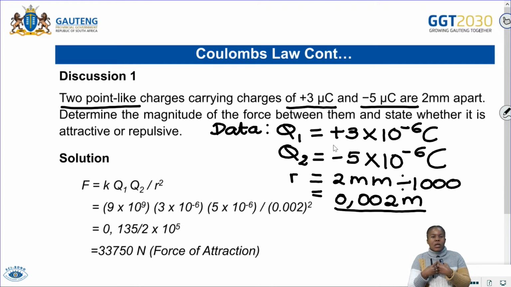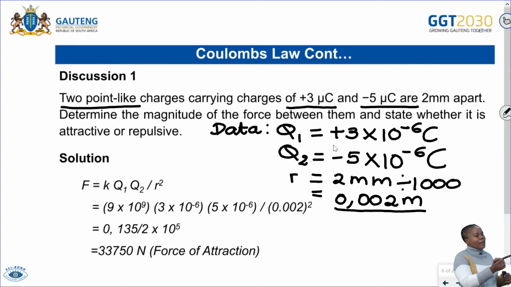Of attraction. So what we need now is just to calculate the magnitude of this force. According to the question, we had to state whether there is a force of attraction or repulsion. Due to the nature of the charges themselves, we know there's going to be a force of what? Of attraction. Now we need to calculate the magnitude.